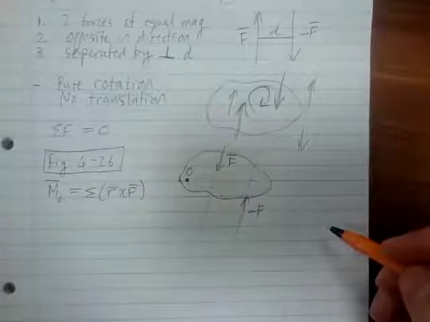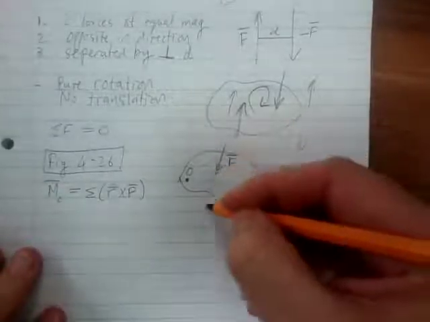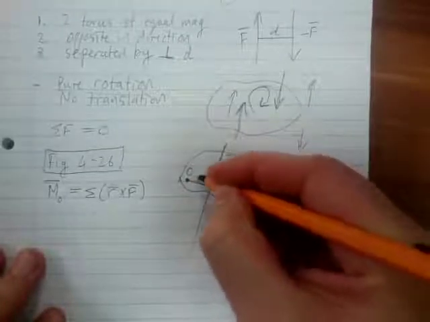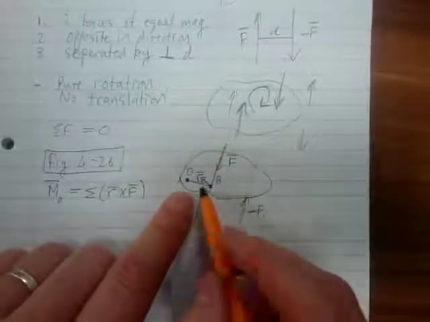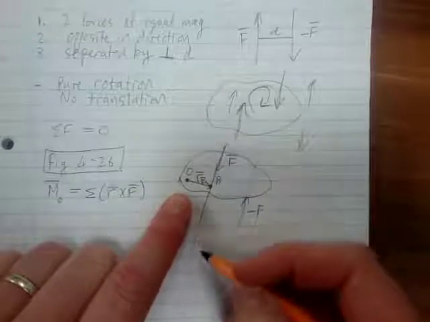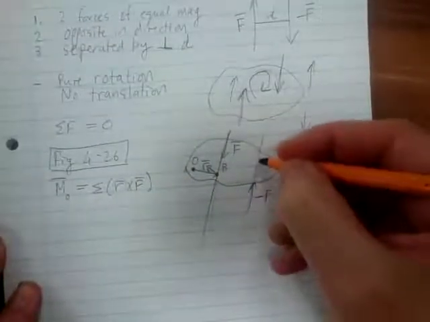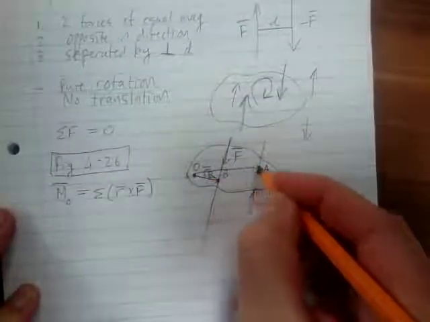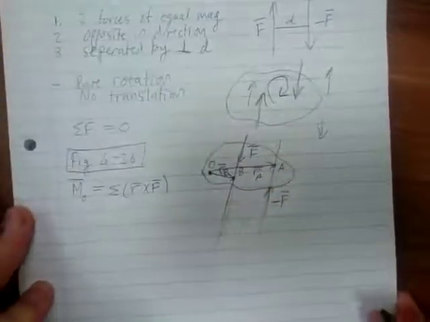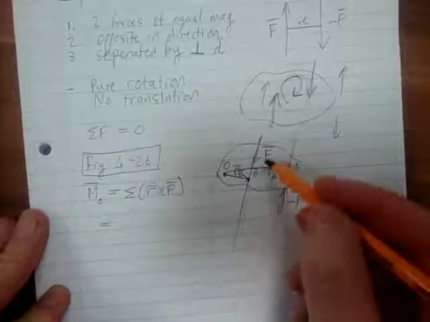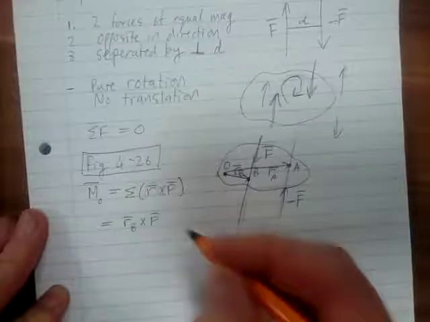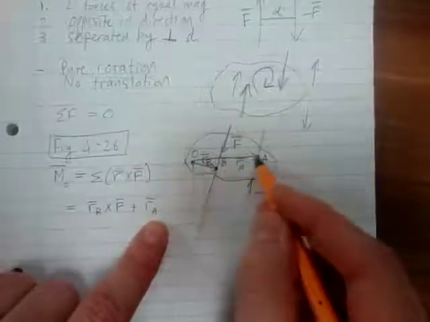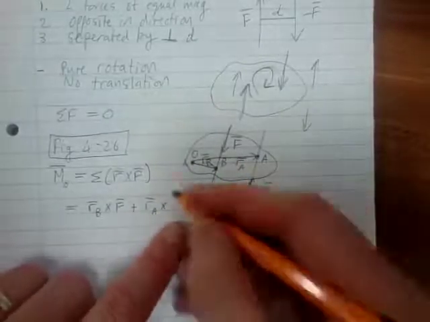Based on what the textbook does, here's the line of action of F. The textbook chooses a point B, and then there is a position vector RB from the point O to a point along the line of action of F. The textbook also chooses a point A on the line of action of the minus F vector, and then you would have your RA.